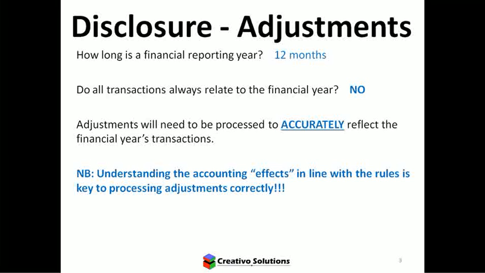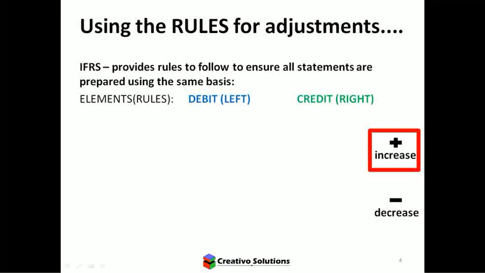Understanding the accounting effects in line with the rules is the key to understanding and processing these adjustments correctly. To recap the rules, we've seen these rules a lot, and I'm stressing them because they're so important. Keep accounting simple for yourself. Apply the rules when you have different scenarios, and we do that by understanding where the pluses and minuses are.